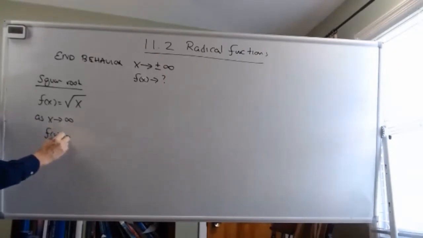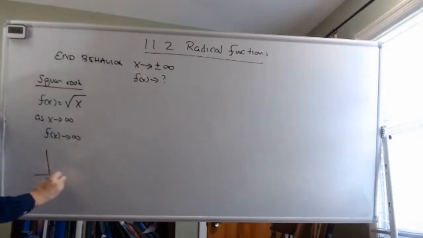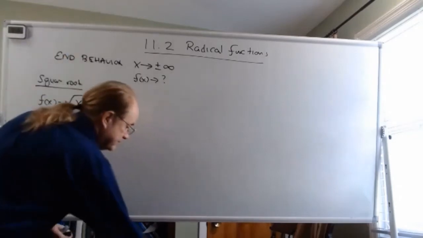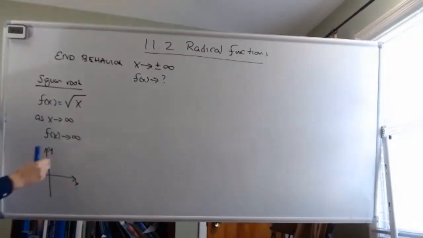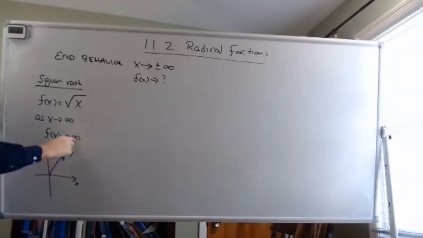That also gets closer and closer to infinity, because we saw that in the graph over here. This will go up like that. So as x gets large, this goes to infinity, but at a slower rate, but it will still go to infinity. So they both go to infinity.